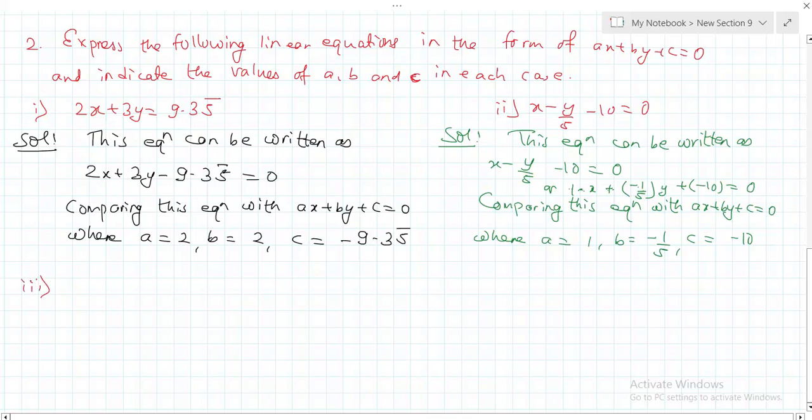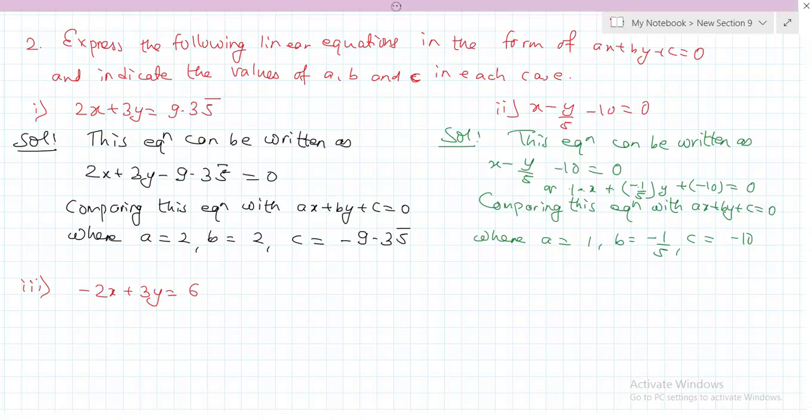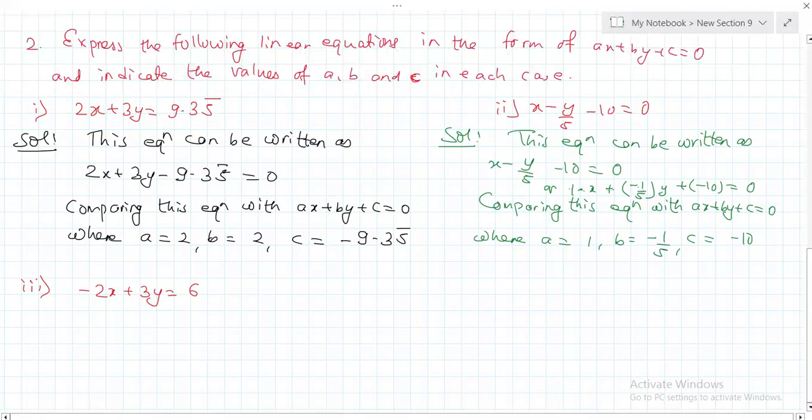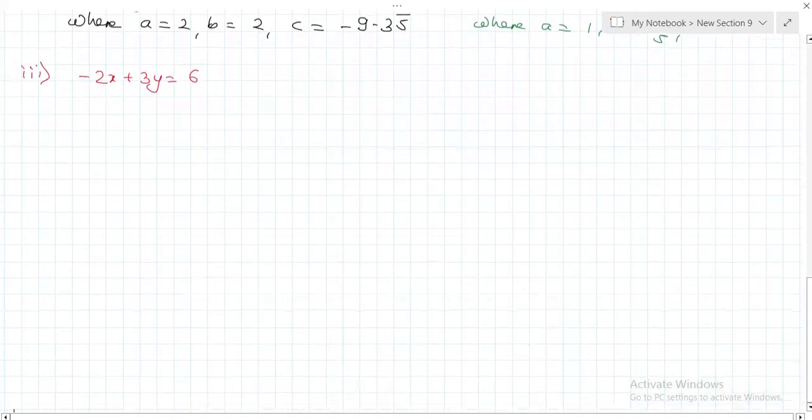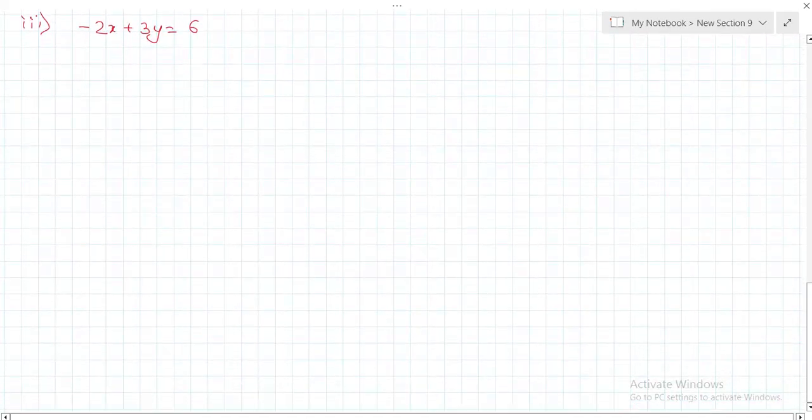Okay, so in our third, the question is given as minus 2x plus 3y is equal to 6. Okay, here also you are asked to compare this equation with ax plus by plus c equals 0, and also you are asked to find the value of a, b and c. Okay, now let us see how to do it. Solution.